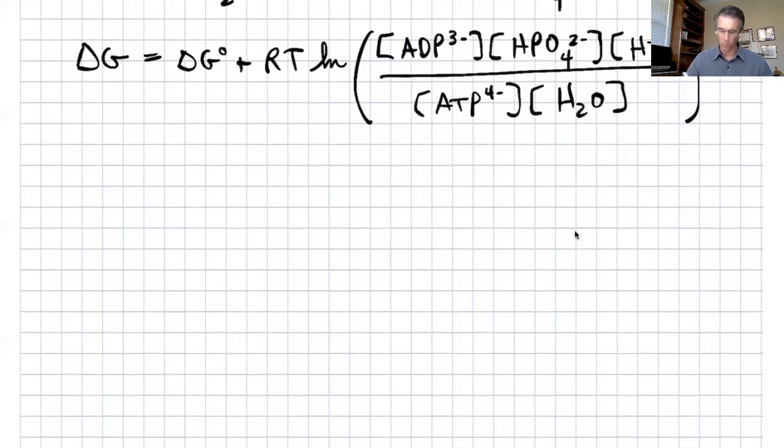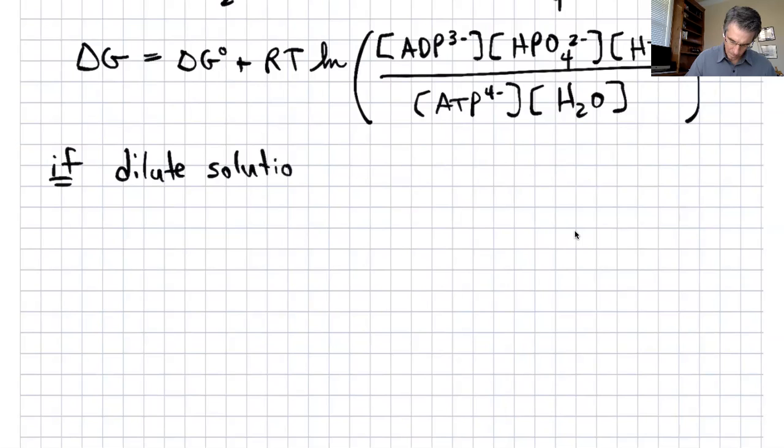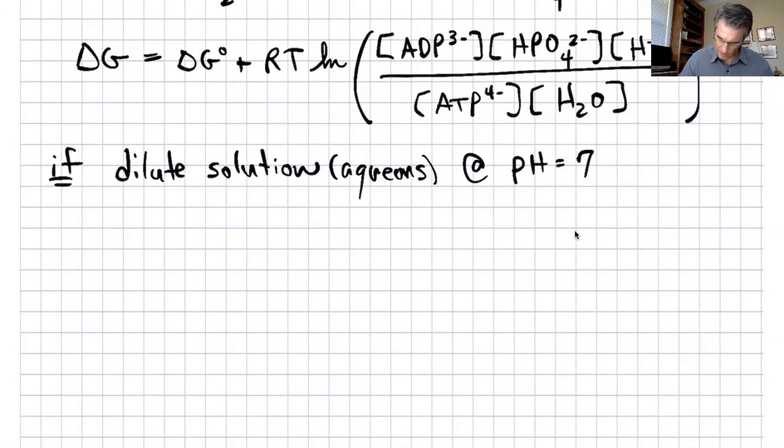The wrinkle in this case is what happens if we're going to carry this out in dilute aqueous solution, to be strictly correct, at pH equals 7, right? Now think about that set of conditions for a moment with respect to that expression.